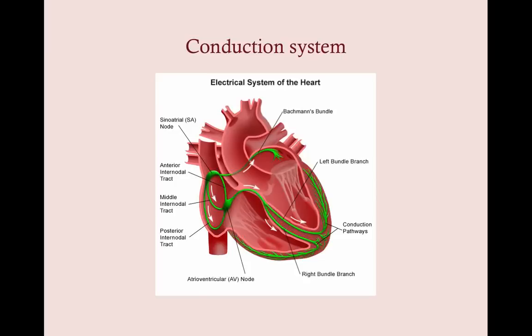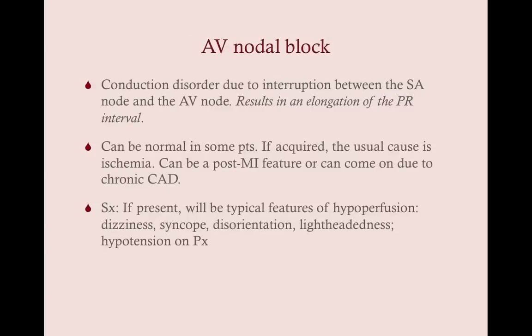Conduction between the SA node and the AV node is atrial depolarization, when your atria are contracting. So between the atria contracting and the ventricles contracting, that's what's going to be disrupted in AV nodal blocks.